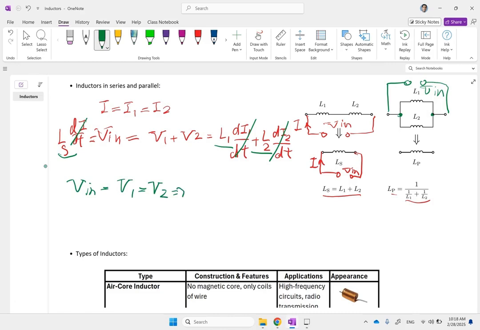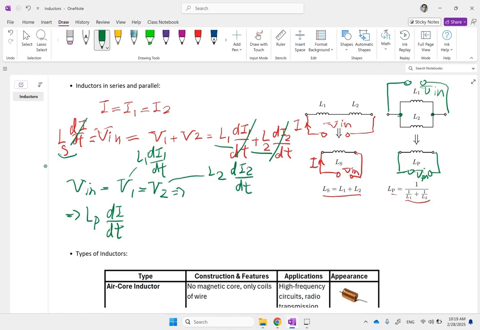And if you compare it against the equivalent circuit, here your V in is equal to L of parallel di over dt, and that is basically your V in. This V1 is similarly L1 di1 over dt. This is L2 di2 over dt.